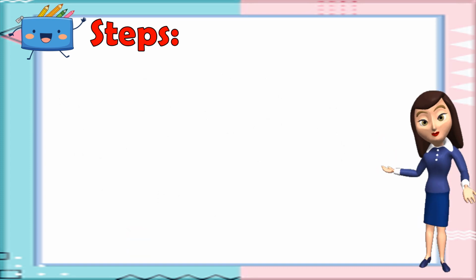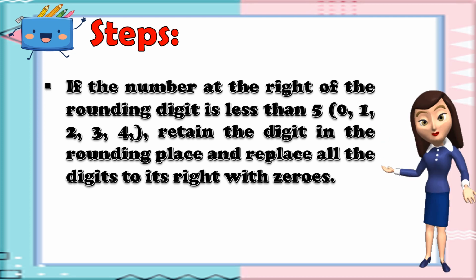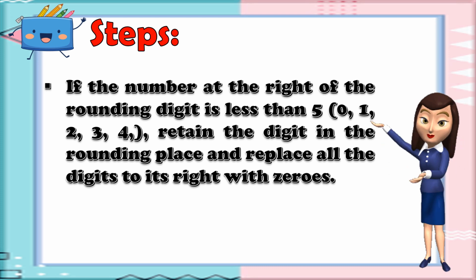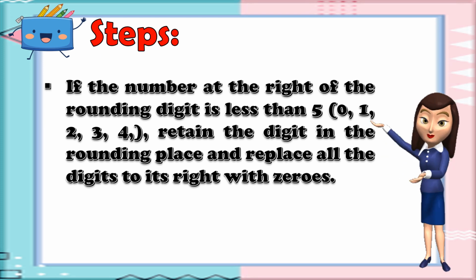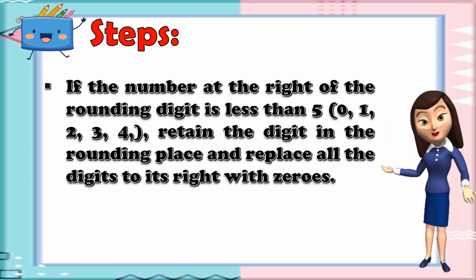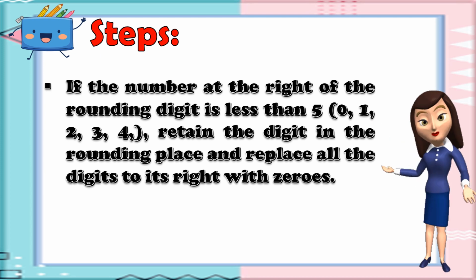Next is, if the number at the right of the rounding digit is less than 5, o sabing kapag ang katabi daw ng ating i-round off ay mas mababa sa 5 o ang mga numbers na 0, 1, 2, 3, at 4, retain the digit in the rounding place and replace all the digits to its right with zeros.